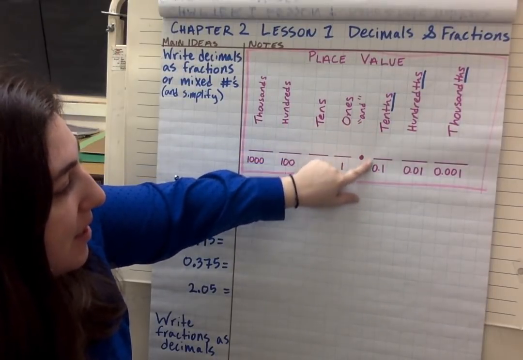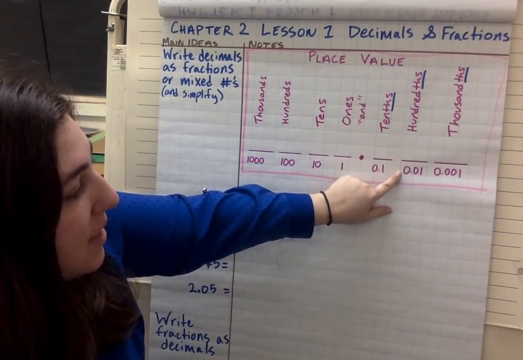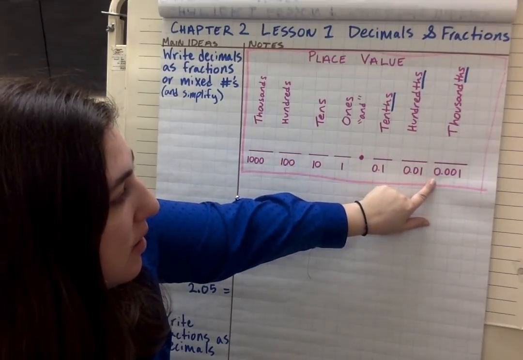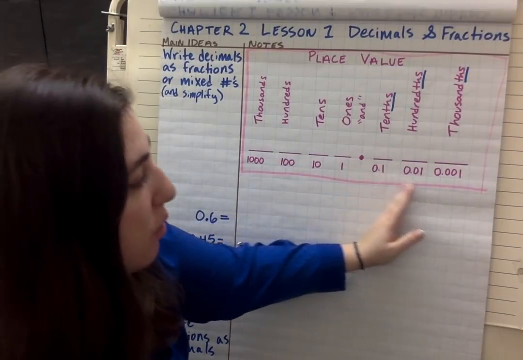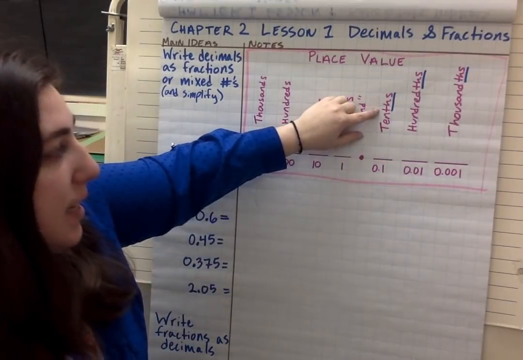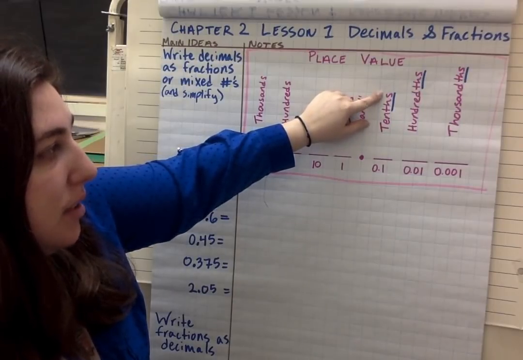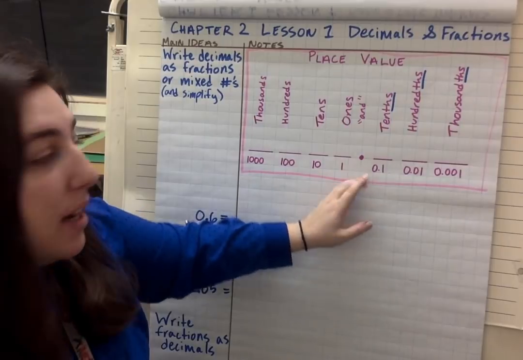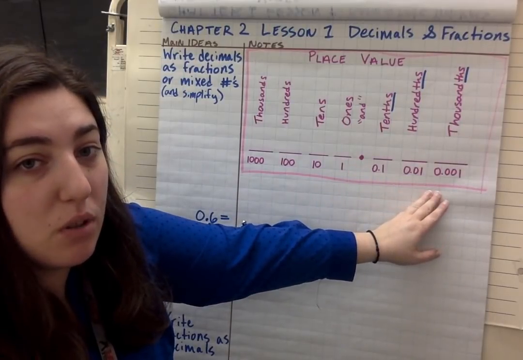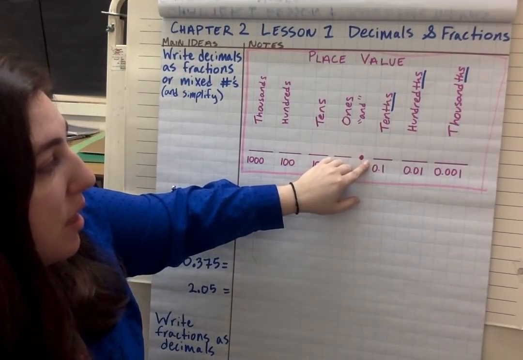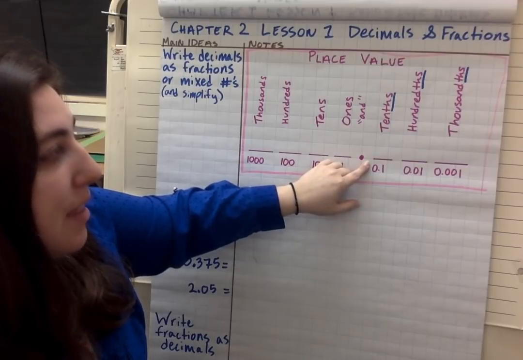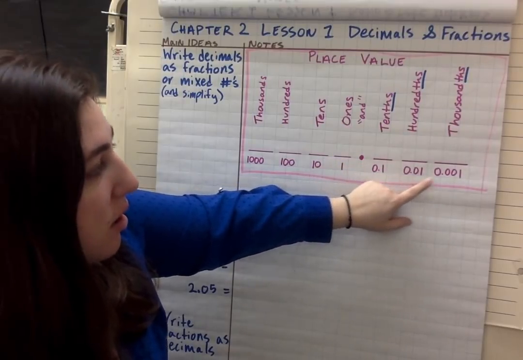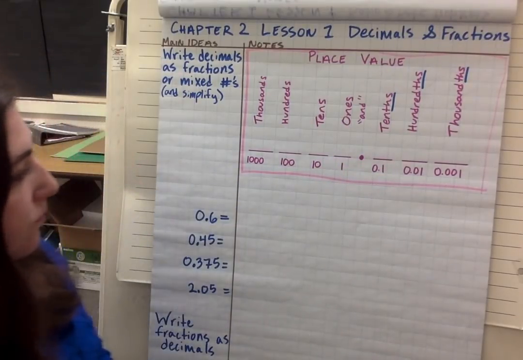We have tenths, hundredths, and thousandths. And notice everything to the right of the decimal has the ending THS. Okay, that's another hint if you ever see it written out that it's to the right of the decimal. You want to make sure to say it with that THS sound. So tenths, hundredths, thousandths, okay?